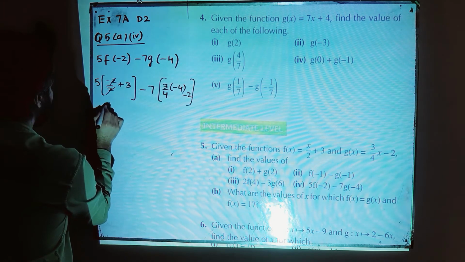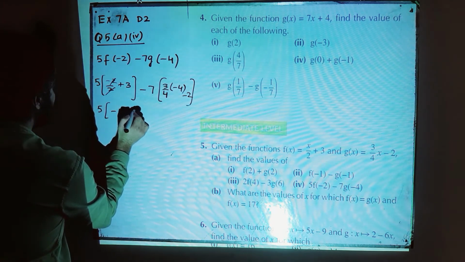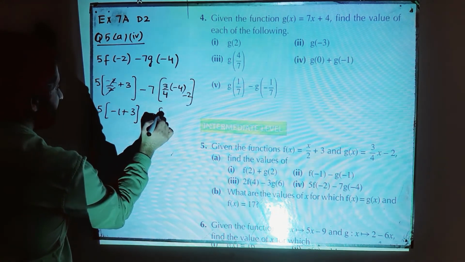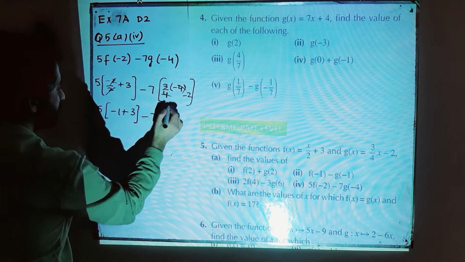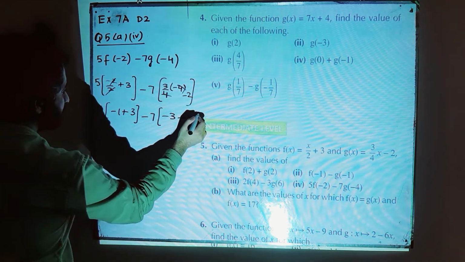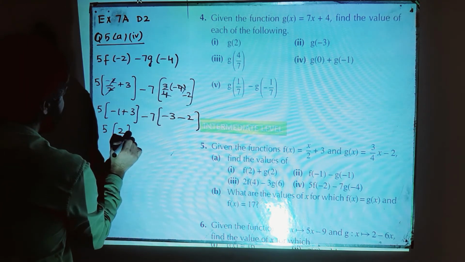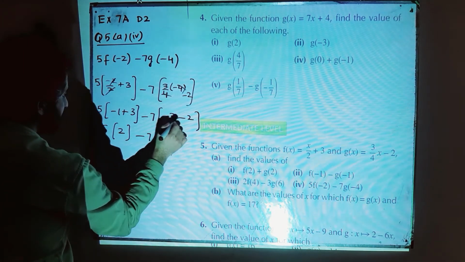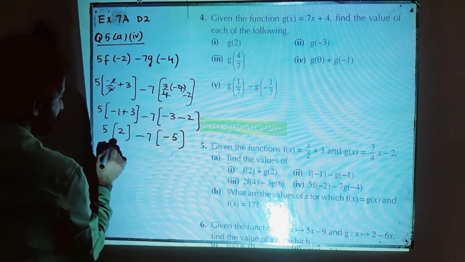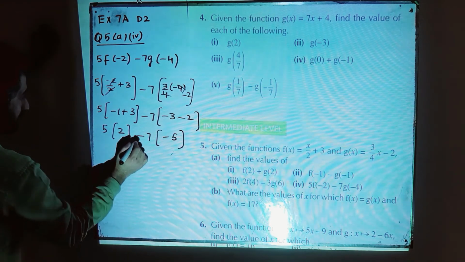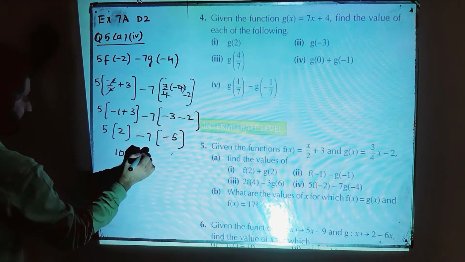So it is 5 minus 1 plus 3 minus 7, 4 goes with 4, 3 into minus 1 is minus 3 minus 2. So 5 minus 1 plus 3 is 2, minus 7, minus 3 minus 2 is minus 5, 5 into 2 is 10, minus minus plus, 5 7s are 35.